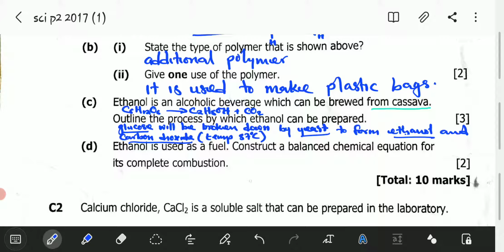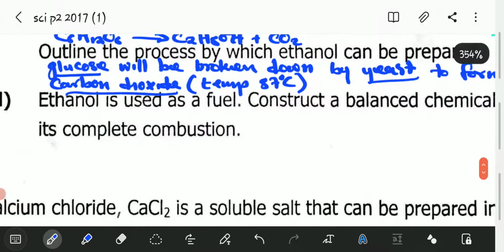And when there is adequate supply of oxygen, we only expect 2 compounds to be produced, and that is carbon dioxide and water. If it is incomplete combustion, it means that there is insufficient oxygen, and the products formed will be carbon monoxide, soot, and water. So these are 2 different things. So we need to construct a balanced chemical equation.